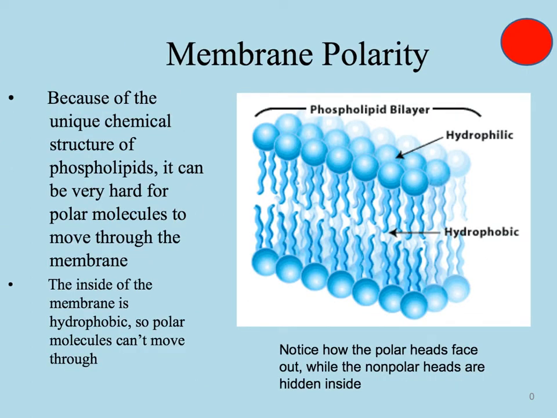So if you look at how the phospholipids are arranged, that's what's going to allow it to be selectively permeable. First, notice that the hydrophilic portions of the phospholipids are oriented so that where the membrane will come in contact with water is the hydrophilic portion. So this would be, let's say, the external part of the cell where it could come in contact with water.